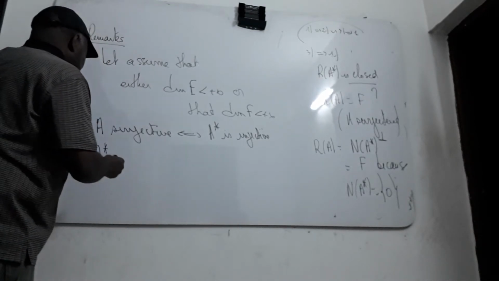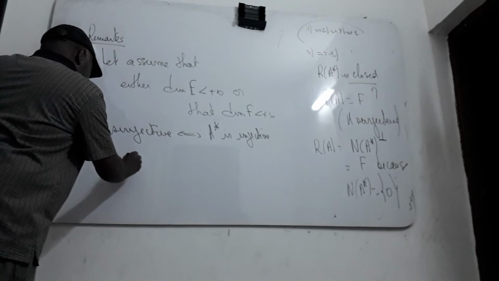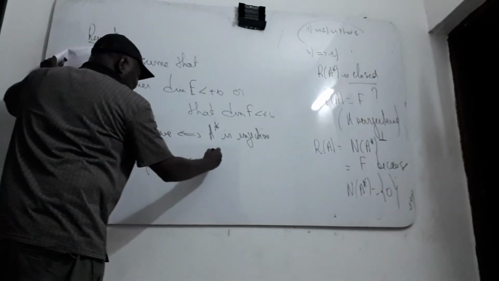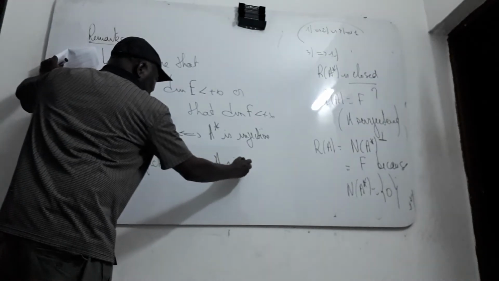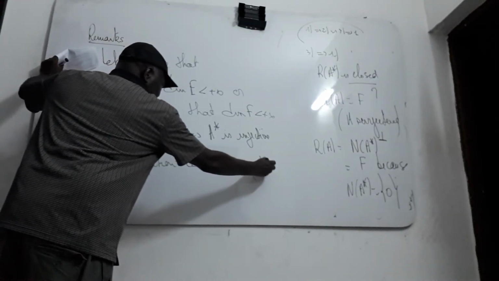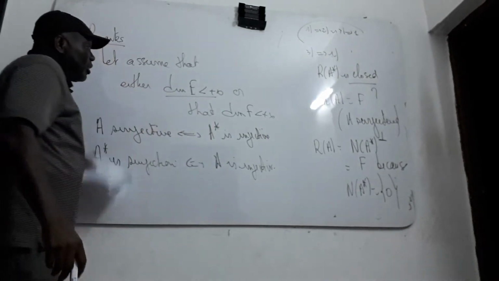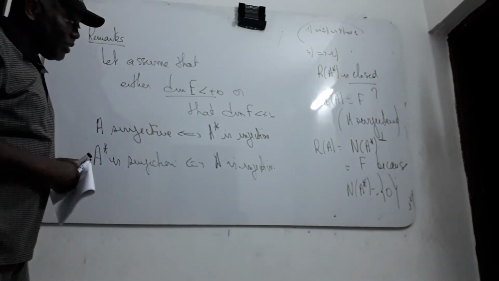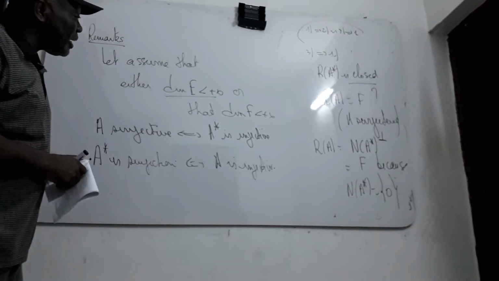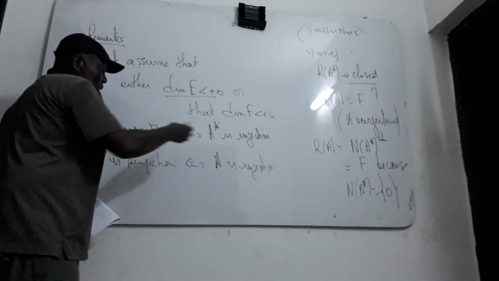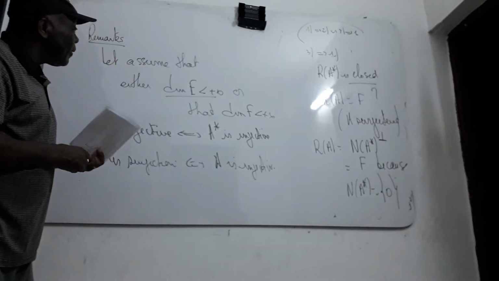You have these conditions: A is surjective, then it's equivalent to the fact that A is also injective. This one is when the dimension of F is finite. That is the equivalent form of the surjective one, and so on.